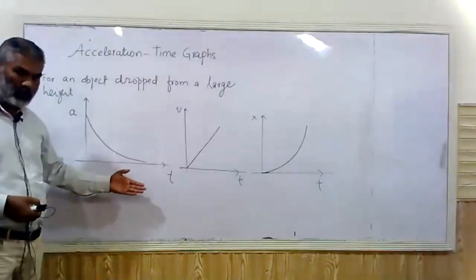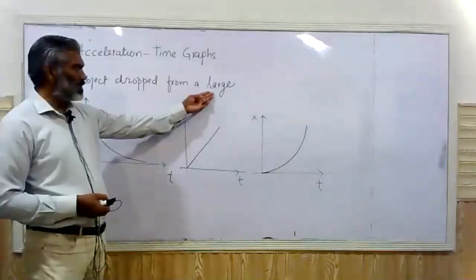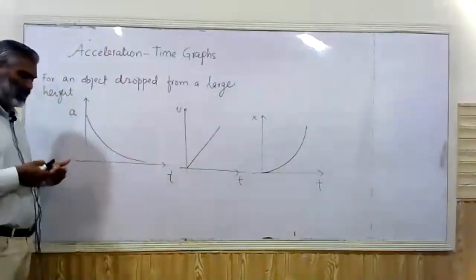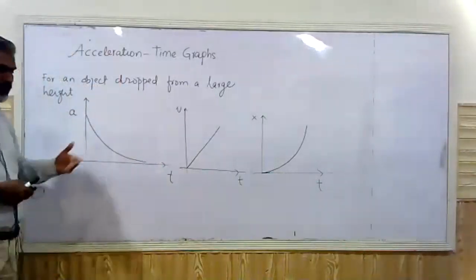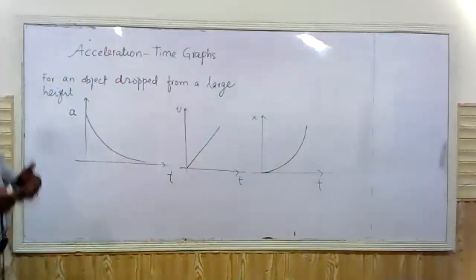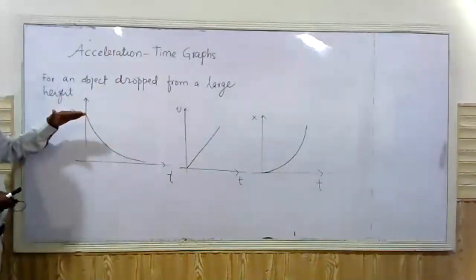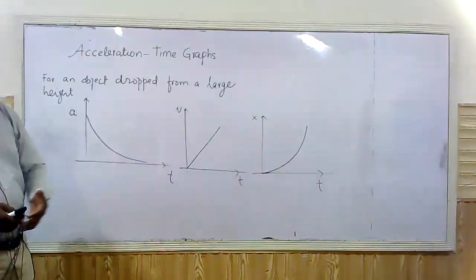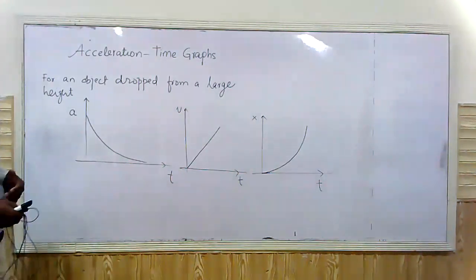It may drop to zero, but not necessarily. If the object is dropped from too large a height, maybe it attains the terminal velocity, then acceleration may become zero, but that is a special case. Generally, the acceleration starts from a certain value and decreases, so the object still speeds up, but not at the rate at which it was speeding up in the beginning.